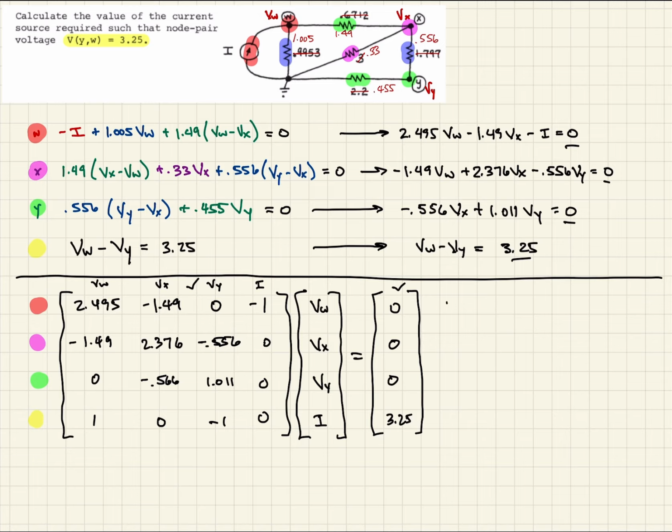So VW is equal to 5.38 volts. Vx is equal to 3.87 volts. Vy is equal to 2.12 volts. And I is equal to 7.65 amps.